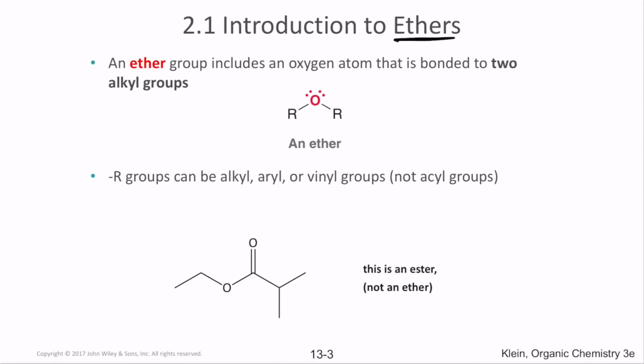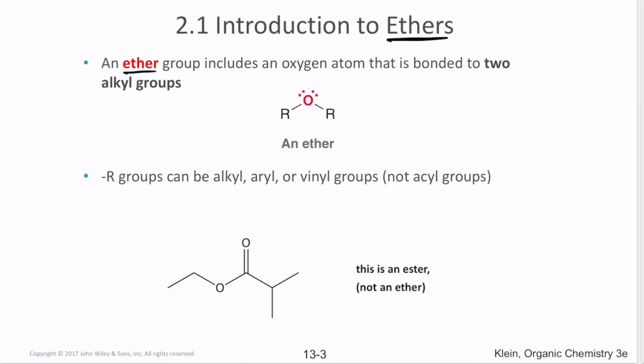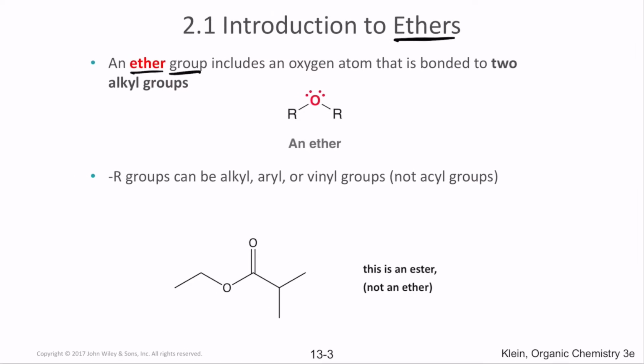So what is an ether? An ether group is basically something that contains an oxygen atom that is bonded to two alkyl groups. R, O, R dash is an example of an ether.